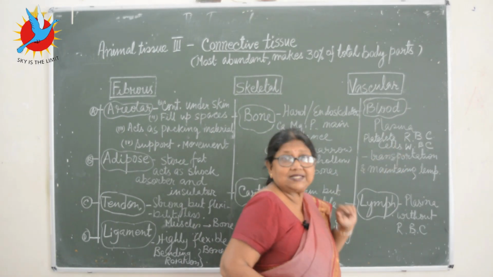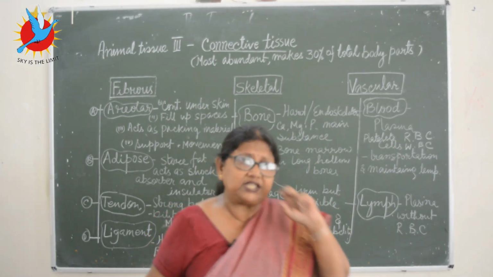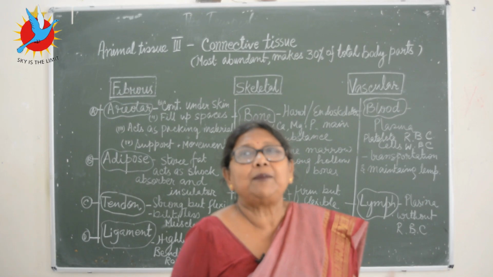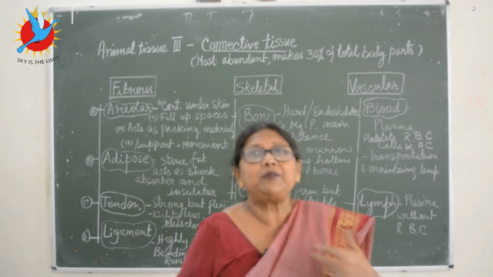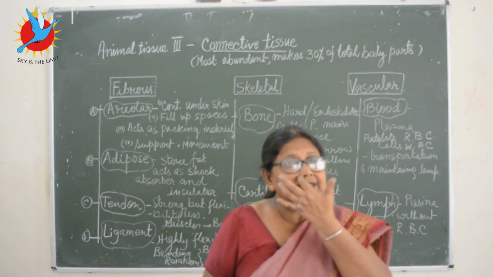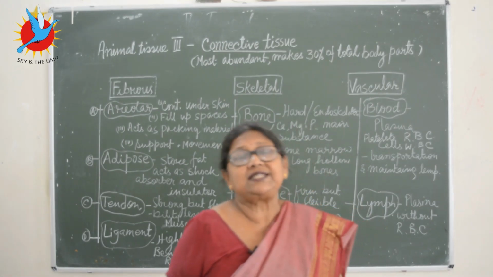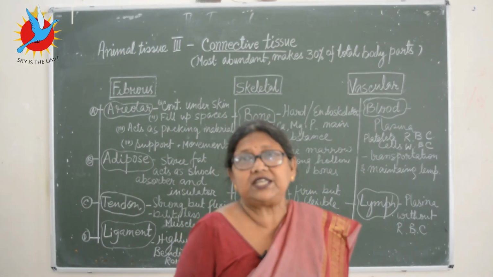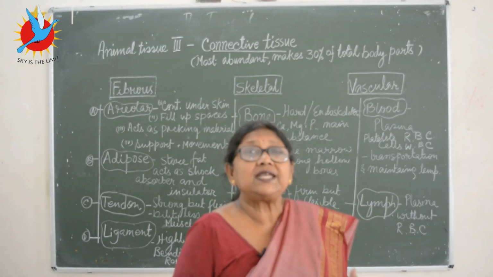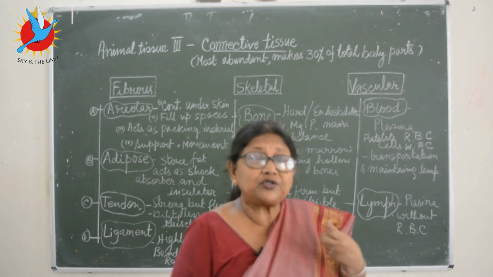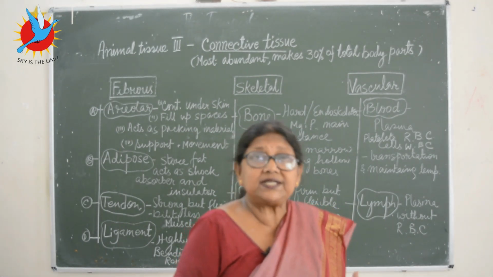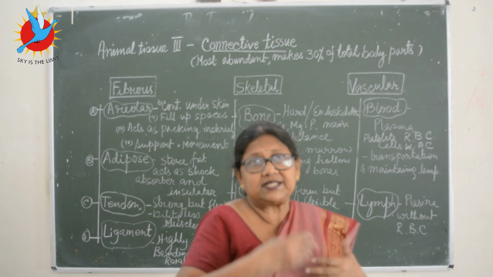White blood cells, you know, are called the police force. Generally we say they are the police force of the body. What do the police do? Protect us. So they also protect us from different diseases and germs, because they produce antibodies inside the body which fight against the germs.